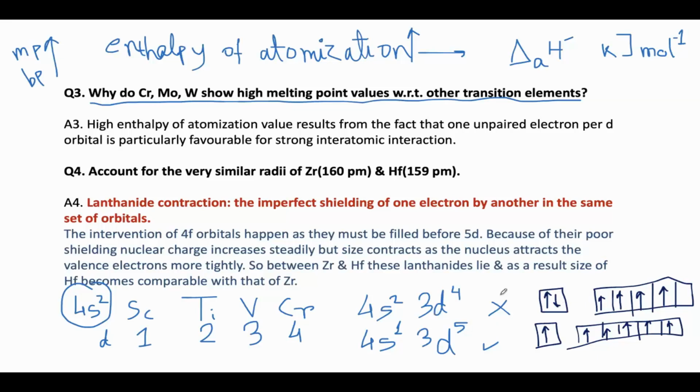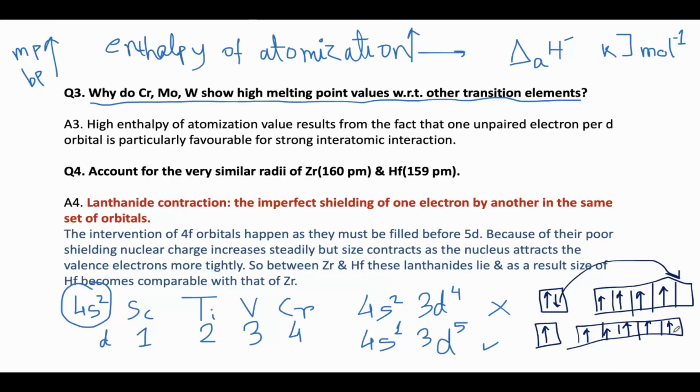But if we excite one of the S electrons to one of the vacant D orbitals, then we will reach this configuration. Now this configuration has a bit of high energy, because here we first have to break the pairing energy between these two electrons, excite this single electron to this vacant orbital, and we will reach the electronic configuration 4s1 3d5.